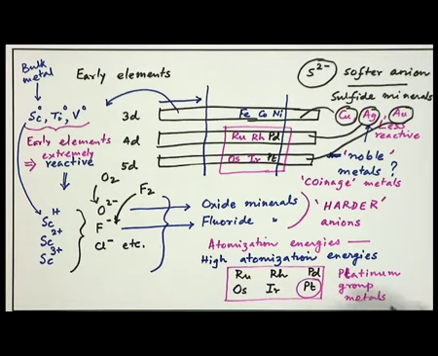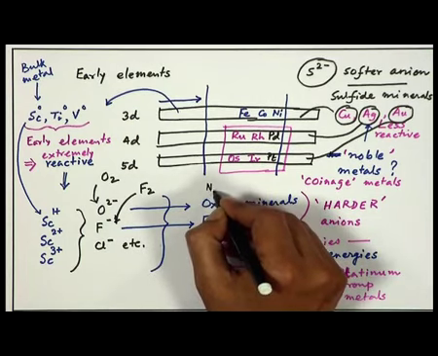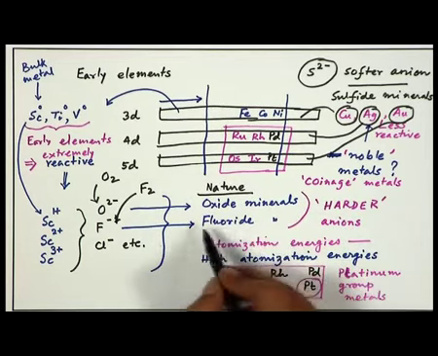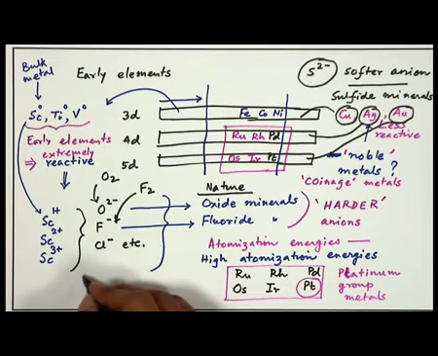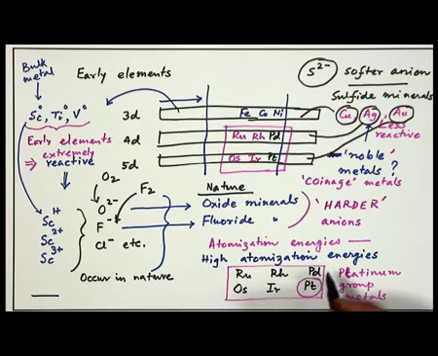So, when we find these in the mineral, this is the nature that will give us those minerals, that means oxide minerals and the fluoride minerals we get from the nature. So, they basically occur in nature together, and since they also have comparable sizes, size is also an important factor for all these properties.